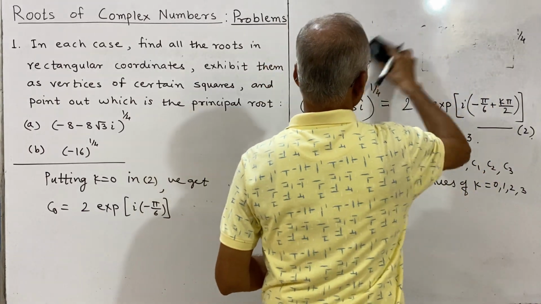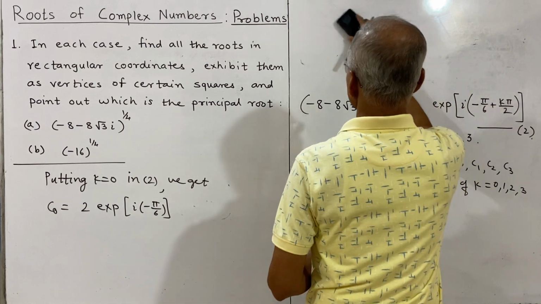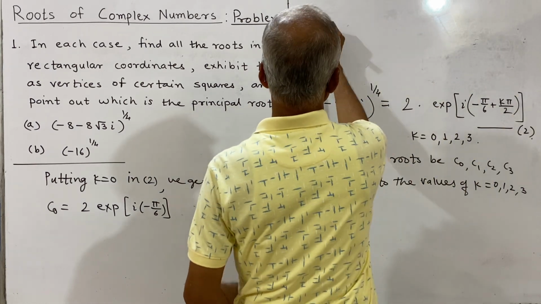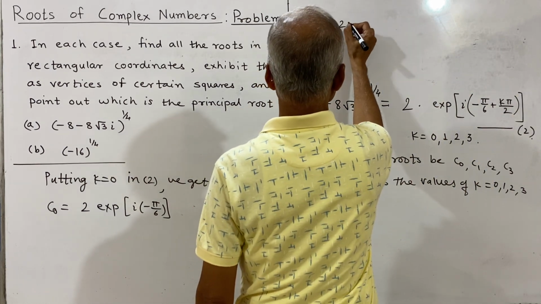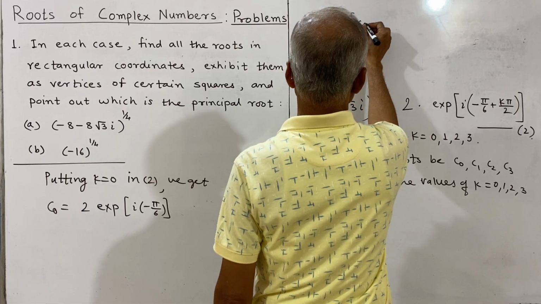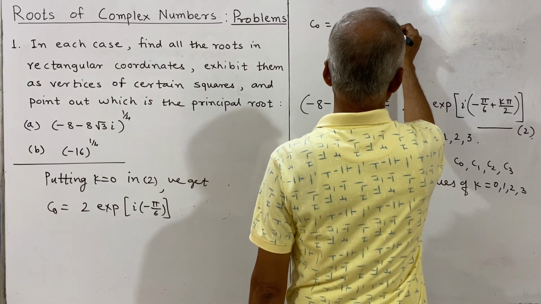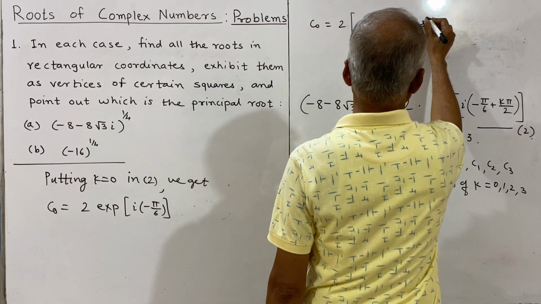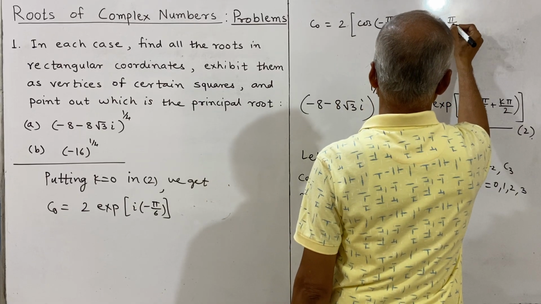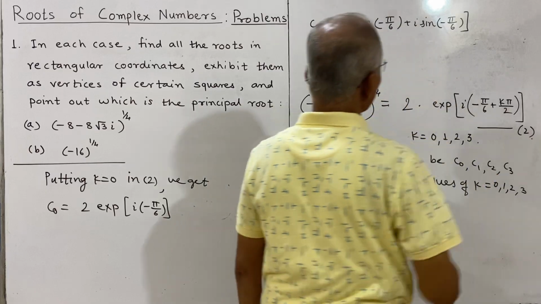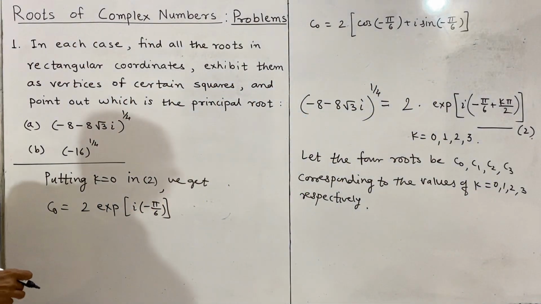By Euler formula, we have C0 is equal to 2 into bracket cos minus pi by 6 plus i sin minus pi by 6, and pi by 6 is 30 degrees.